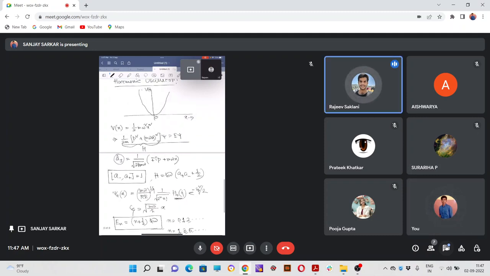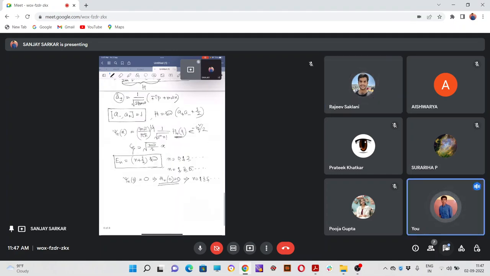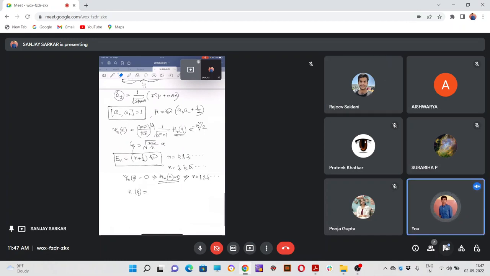Sir, from where do we find that the value of n is equal to 1, 3 for the half harmonic oscillator? Yes, because if we see the form of the harmonic oscillator, then for Hn, I have discussed it in the previous class also, that H0 of xi is 1, H1 if we write in function of x is x, H2 of x is 4x square minus 2, and so on.